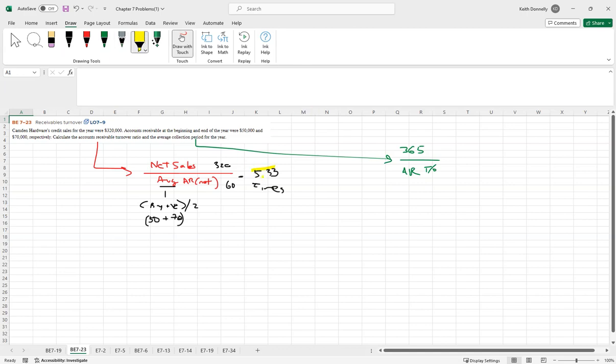That is our accounts receivable turnover ratio and becomes our denominator over here, 5.33. So if you do 365 divided by 5.33, that gives us 68 days. What that means is, on average, we collect our receivables roughly 5 times a period, and each time, from the day we make the sale until when we collect it, it's 68 days.